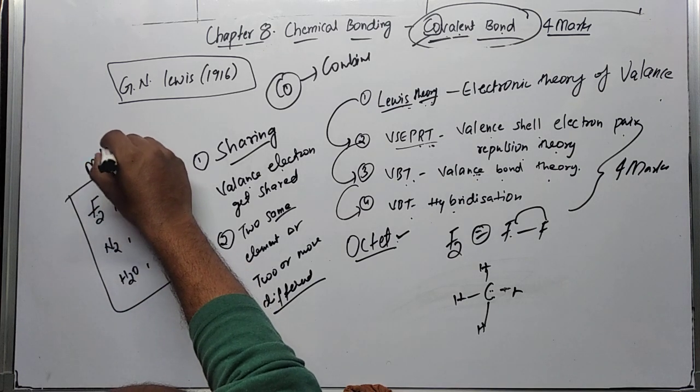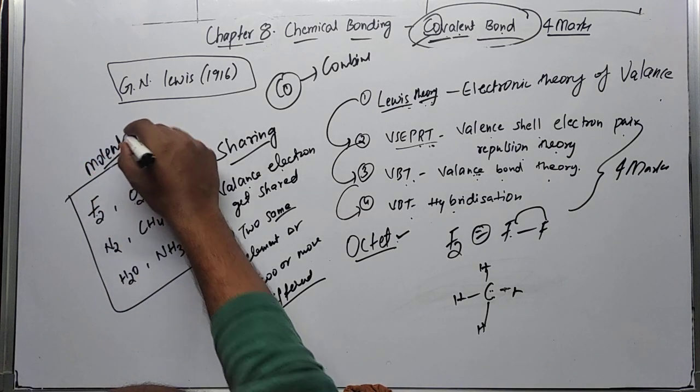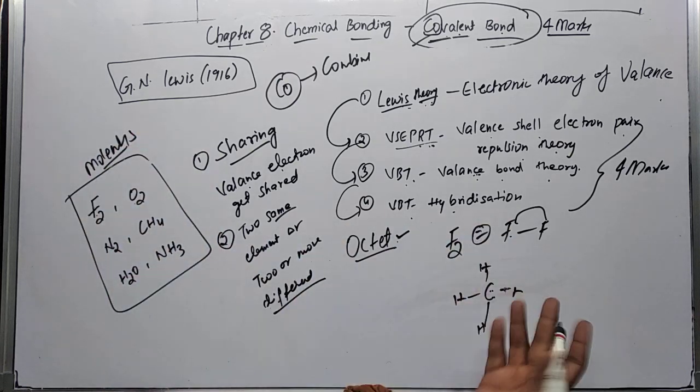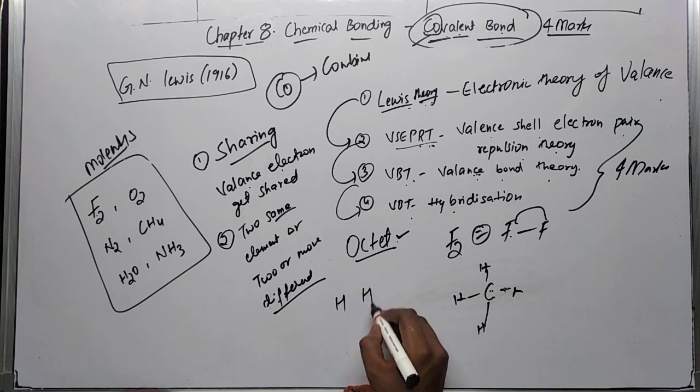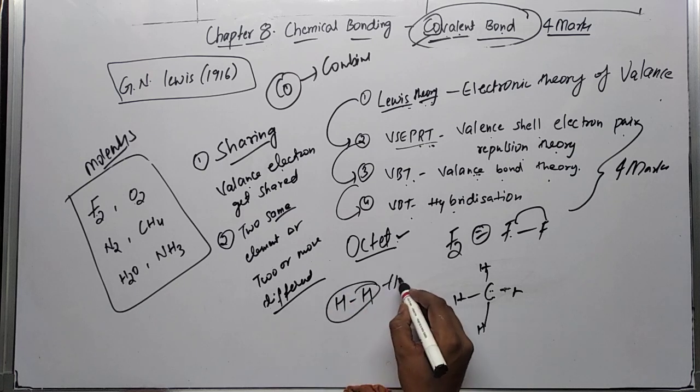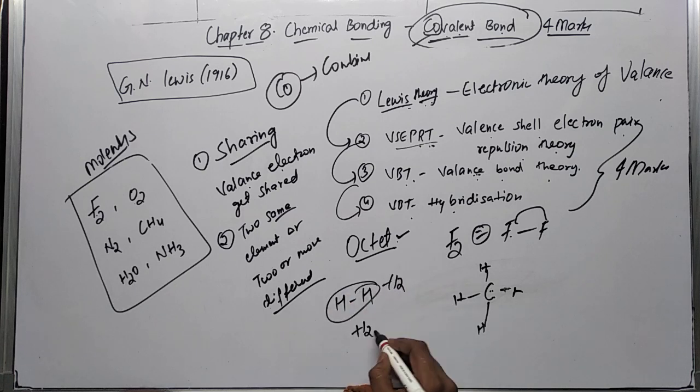These are examples of some molecules. As we know, molecules are formed by the joining of elements. When one hydrogen combines with a second hydrogen, we get H2. When H2 combines with oxygen, we get H2O. Similarly we will have some diagrams, which are very, very important.